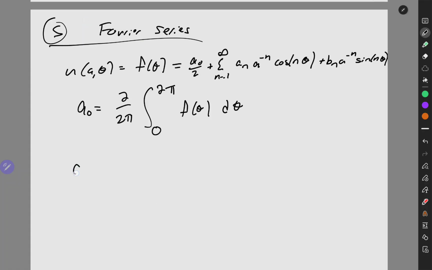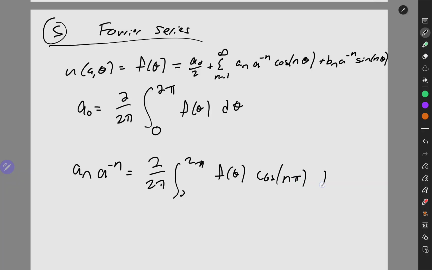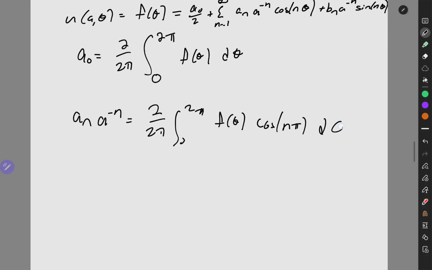Right? So now a sub n, we're going to multiply it by a to the negative n, is equal to 2 over 2 pi, integral 0 to 2 pi, f theta cosine n theta d theta. Sorry, this is n theta.